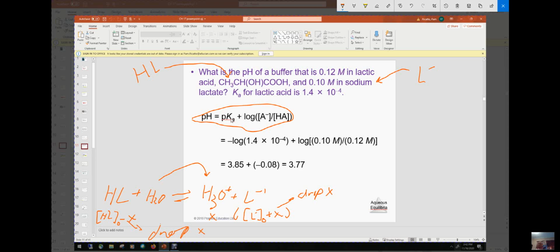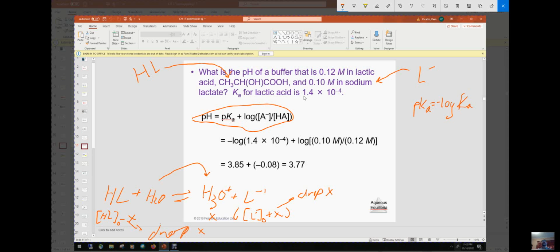Okay, so here we go. The pH is equal to the pKa plus the log of the lactate divided by the lactic acid. So the definition of pKa, okay, sometimes you have the pKa, this time we only have the Ka, is just take negative log base 10 of the Ka. So they gave us the Ka, we're going to take the log of it, and then drop the negative sign.